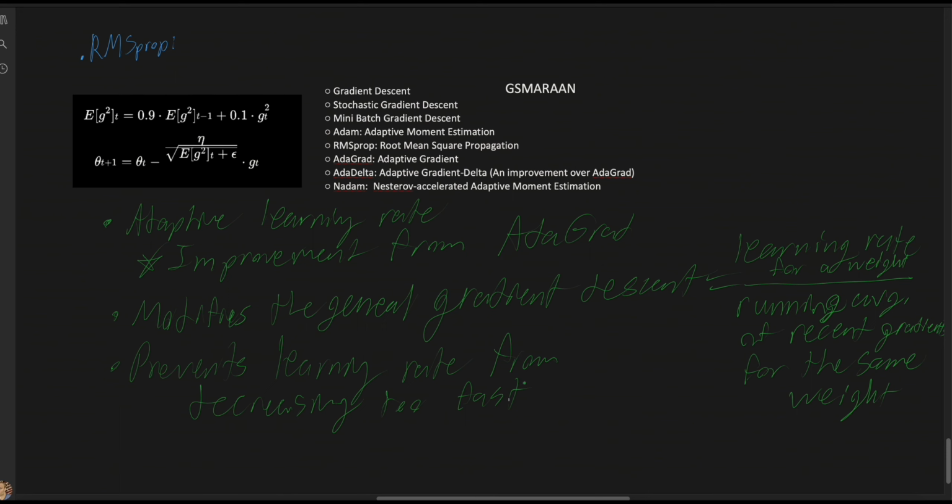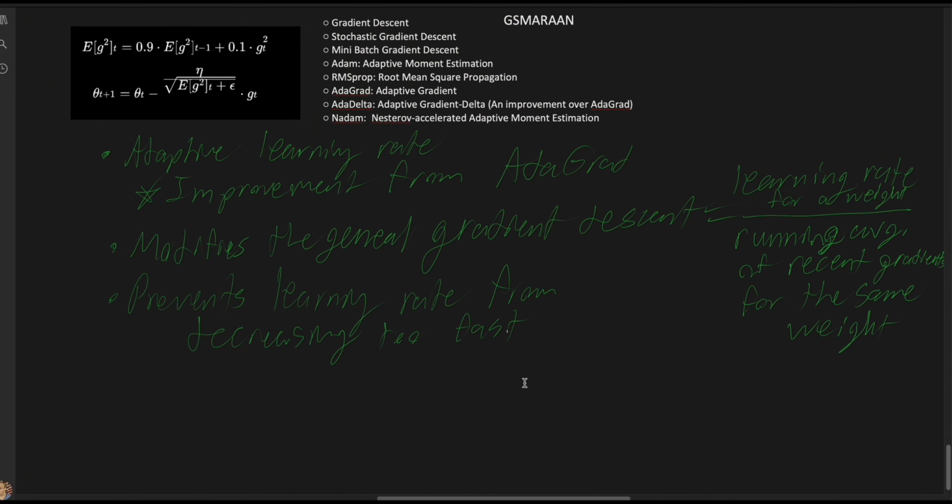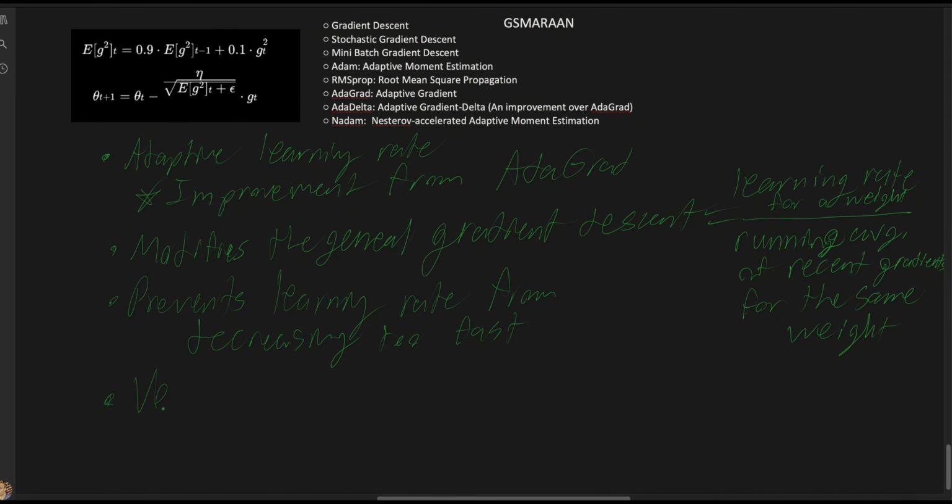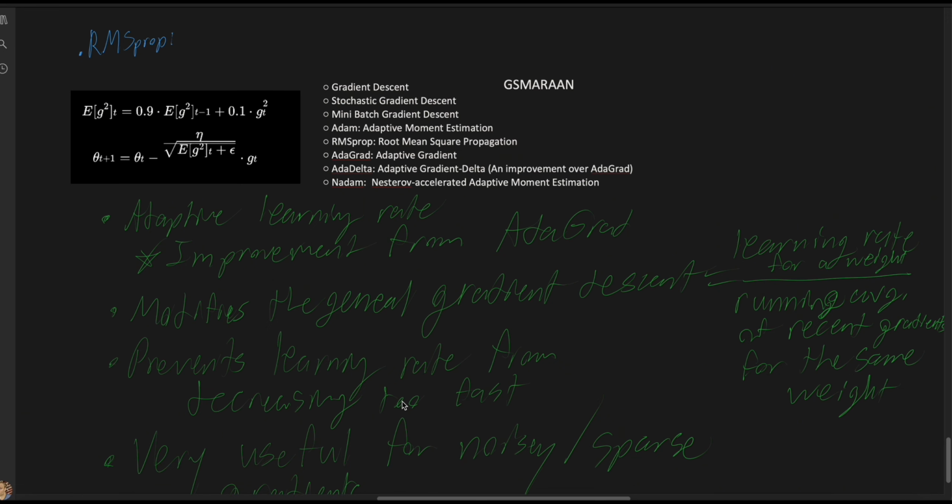And it is beneficial for problems with very noisy / sparse gradients. So very useful for noisy / sparse gradients. Root mean square propagation can work well in scenarios where autograd falters due to aggressive and monotonically decreasing learning rates.